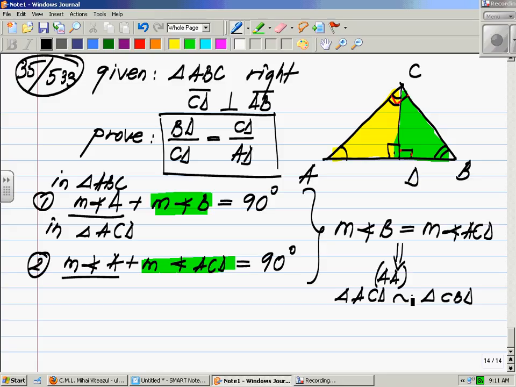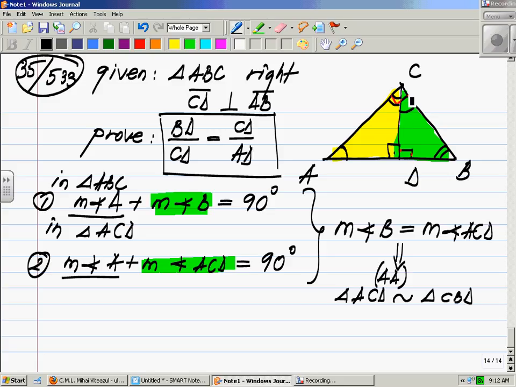I can show, using the same approach, that angle BCD is congruent to angle A from the big triangle, angle CAD. Angle A plus angle B is 90 degrees.